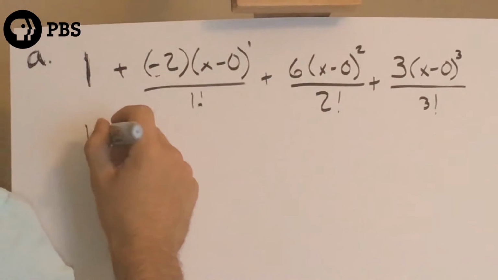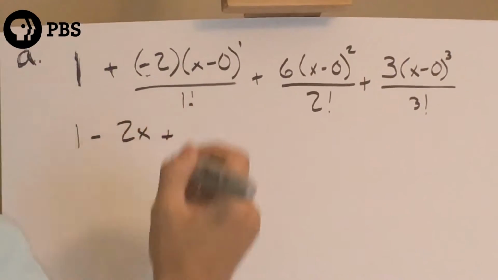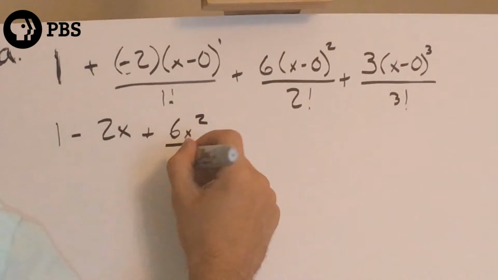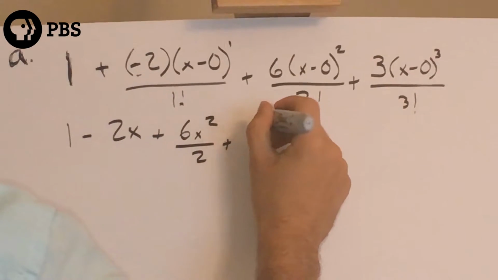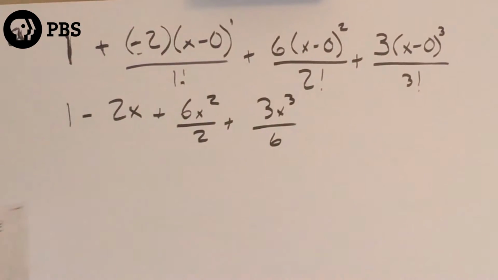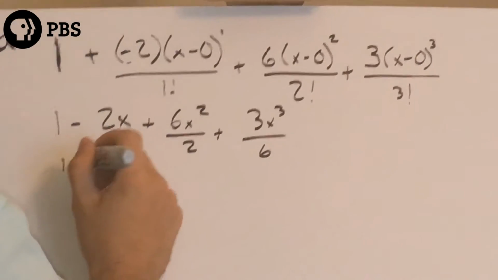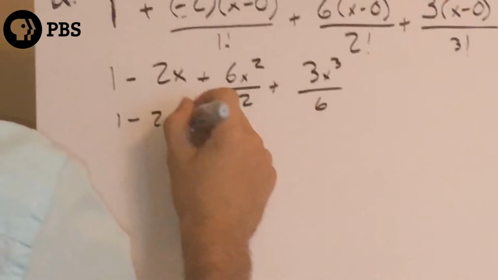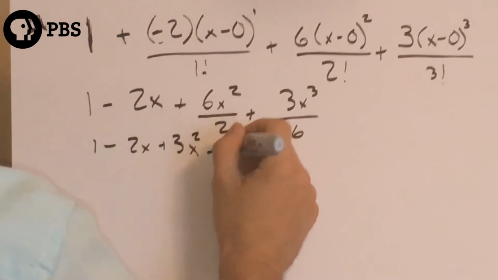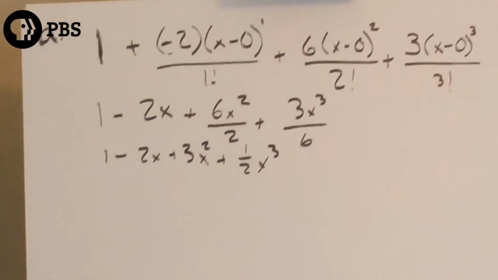So down here, we can do 1 minus 2x plus 6x squared over 2 plus 3x cubed over 6. And we can take that one step further. Make that 1 minus 2x plus 3x squared plus 1/2 x cubed.